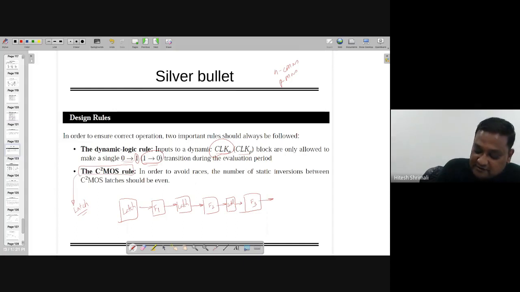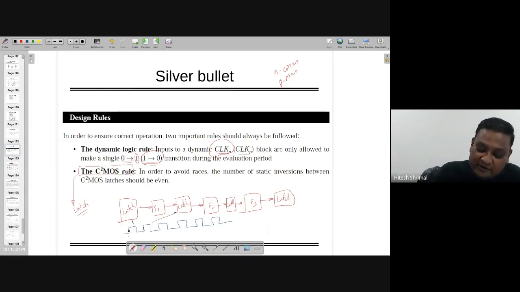This was the concept of pipelining. Note that every stage works on a 0 to 1 transition. So the first stage is going to work when there is a 0 to 1 transition for the first stage, the second one 0 to 1 for the second, and so on, right? So this is what we did.